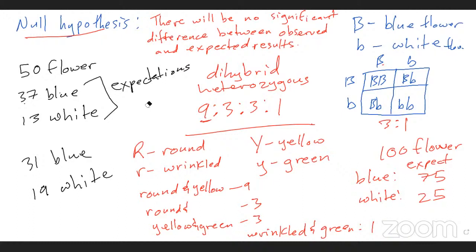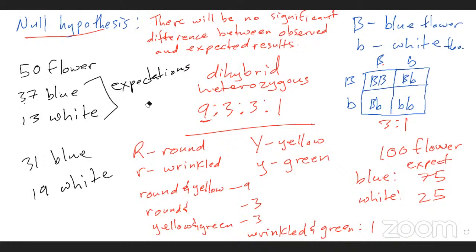So dominant and dominant, that is 9. Dominant and recessive, 3. Recessive and dominant, 3. Recessive and recessive, 1.